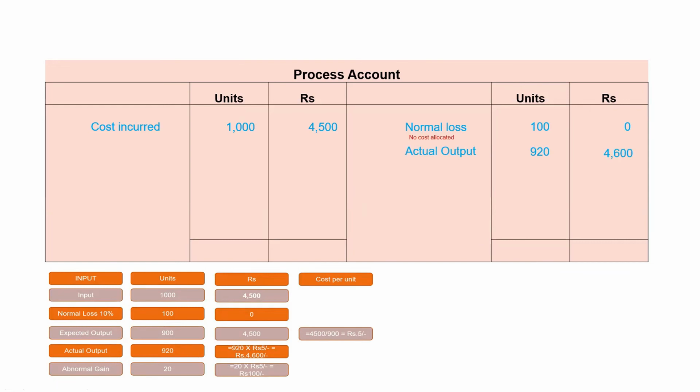Then we had an abnormal gain of 20 units. It's a gain, so this 20 units has to be allocated 5 rupees per unit, which will be 100. Thereby, the total units will be 1020, and the total cost column will be 4600 because of this abnormal gain.